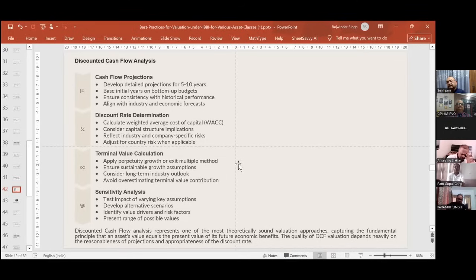Discounted cash flow analysis represents one of the most theoretically sound valuation approaches, capturing the fundamental principle that an asset's value equals the present value of its future economic benefits. The quality of DCF valuation depends heavily on the reasonableness of projections and appropriateness of the discount rate.